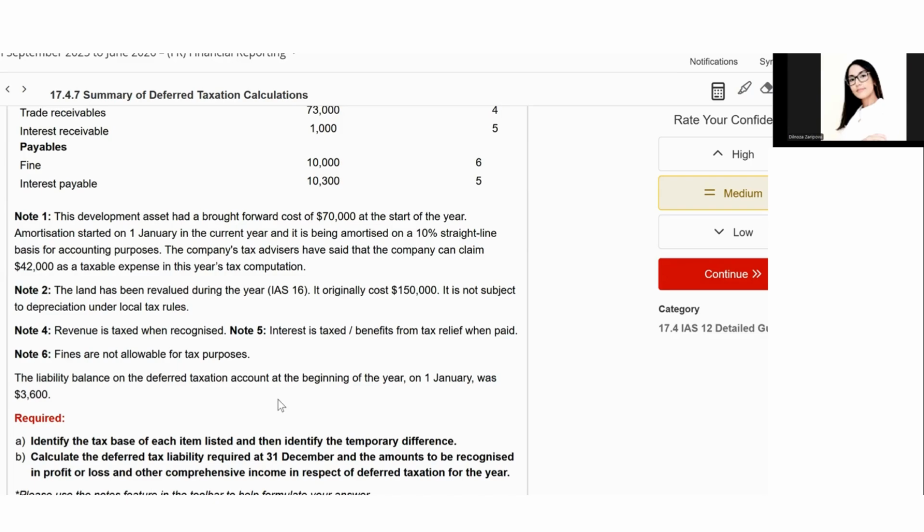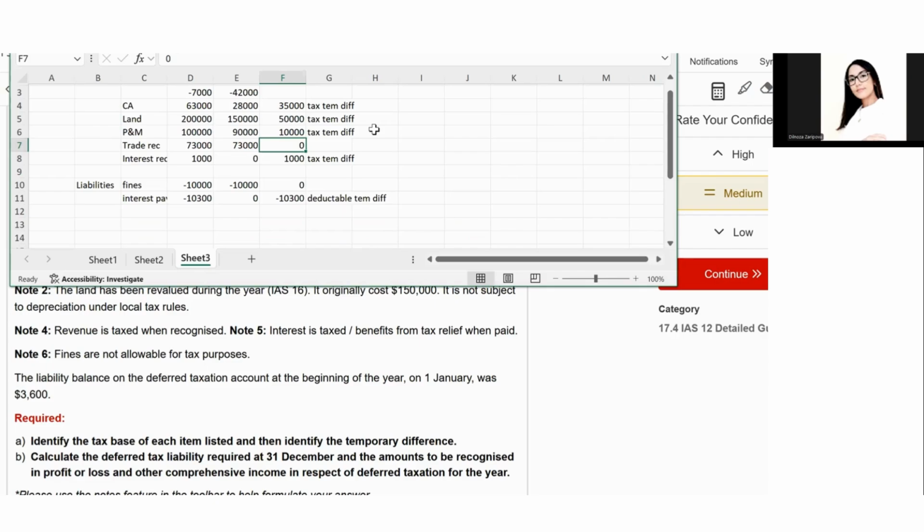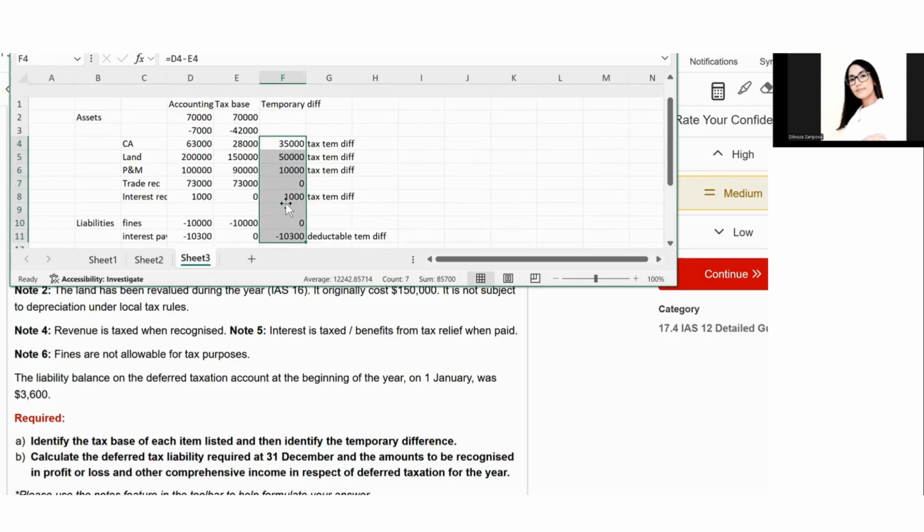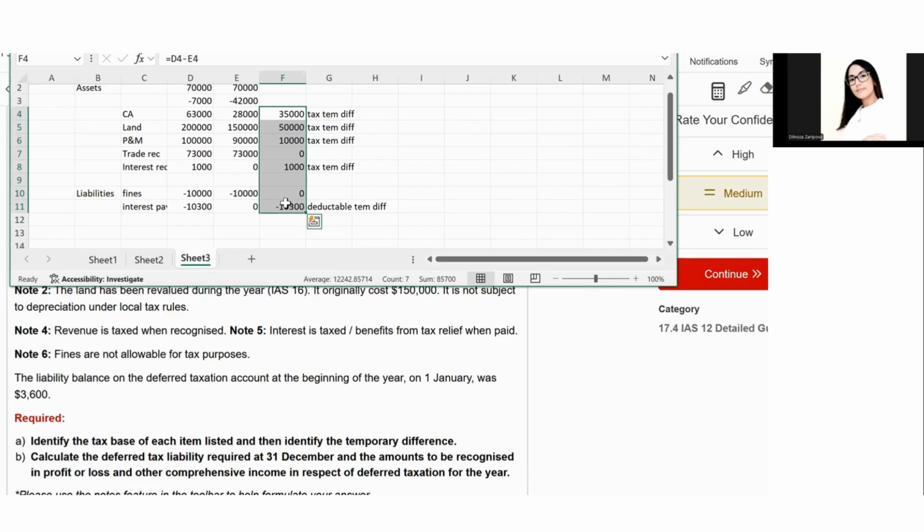Let's look at this. First, we have the differences here.